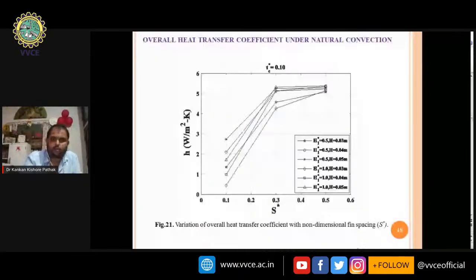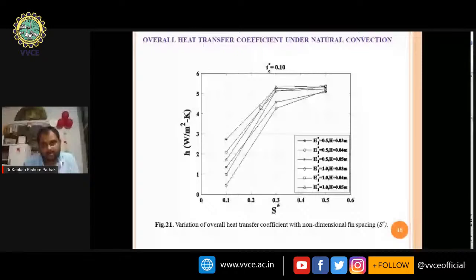Now, the overall heat transfer coefficient under natural convection. We considered a conventional design and the dual height design. You can see for 0.5, as the fin spacing increases, the heat transfer increases and then remains between 0.3 and 0.5.